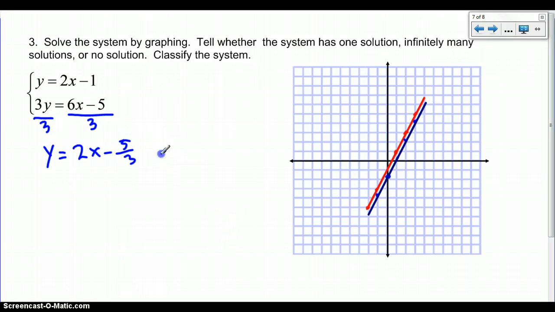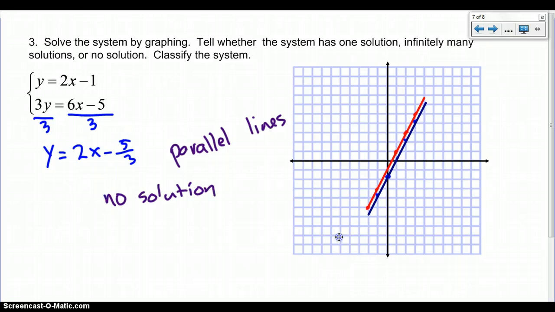Whenever we run into that situation, we know we have parallel lines, which means there is no solution. It also asks how many solutions, and then to classify the system. Well, these are inconsistent. In other words, the two lines don't intersect.